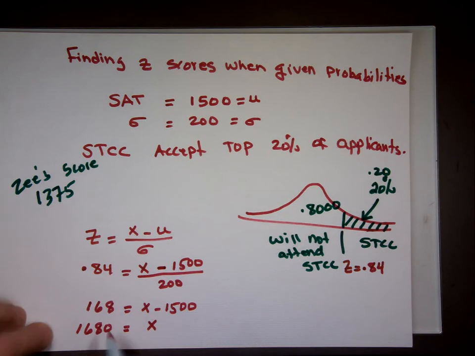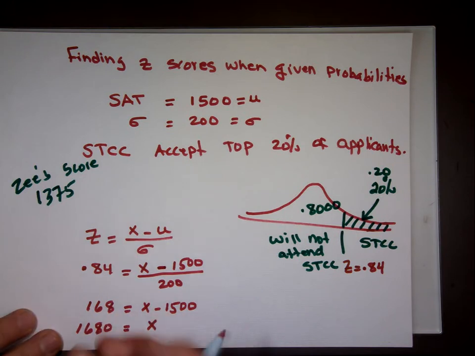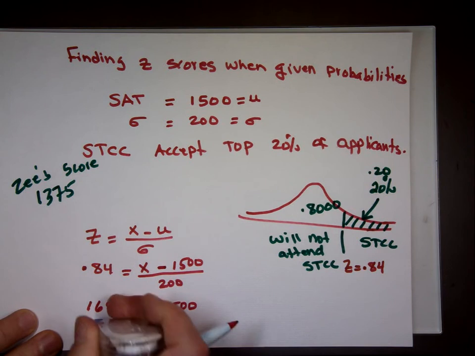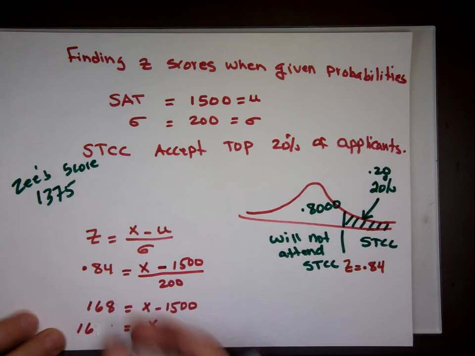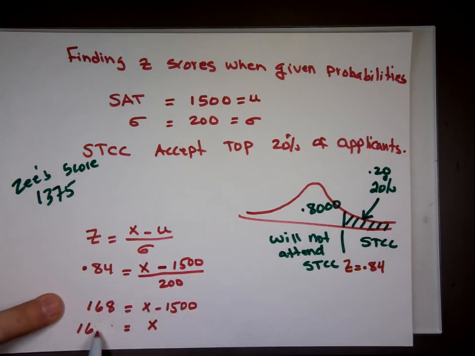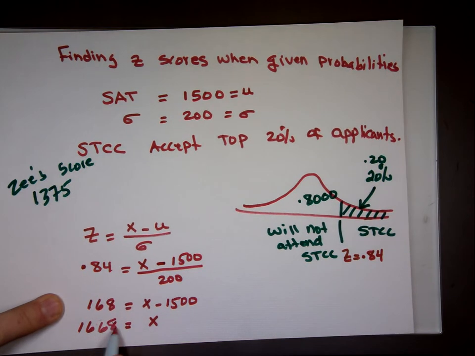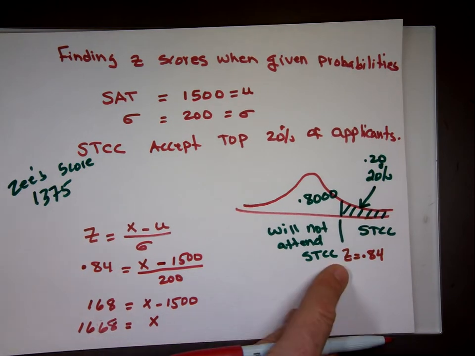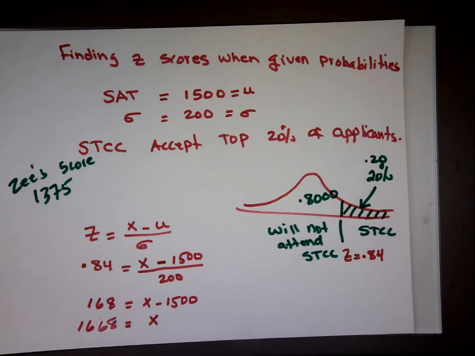Or 16, no, I added wrong, right? 1668, yes, thank you. So I have to have a minimum SAT score of 1668 to get to STCC. Is 1375 going to get me in? No. I better save my money, don't even apply, because they're not going to accept me.